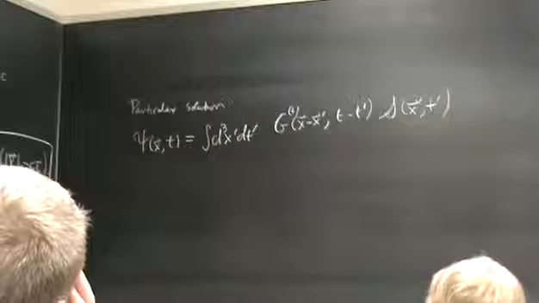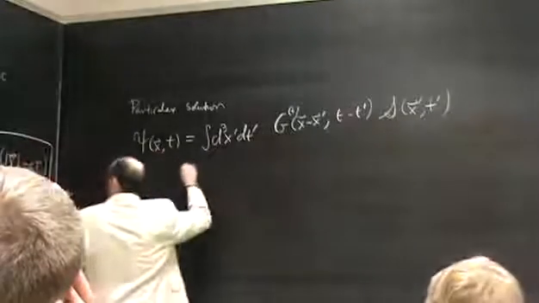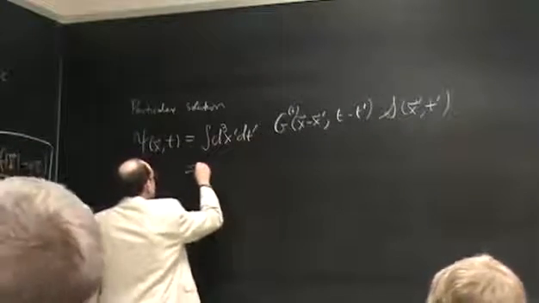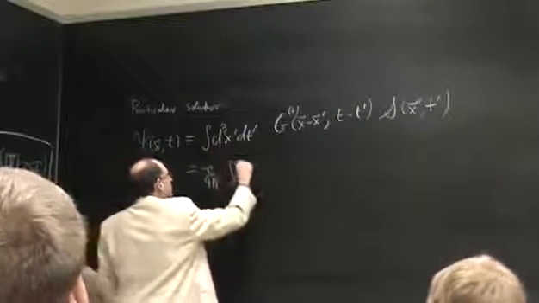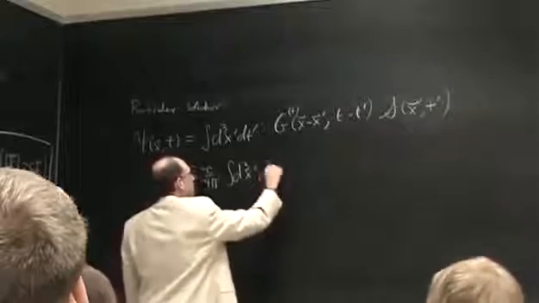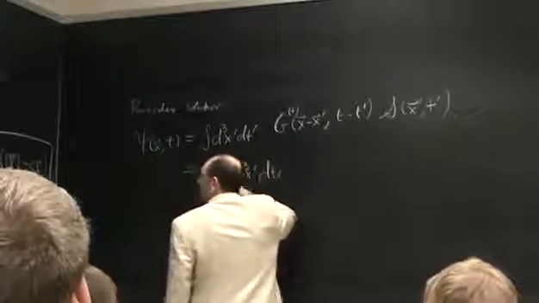And we just found that Green's function, so we can write that out. That is equal to minus c over 4 pi, integral d cubed x prime dt prime, the Green's function.